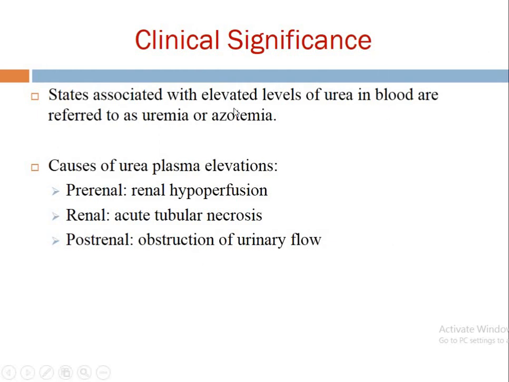Now, states which are associated with elevated levels of urea in blood are referred to as uremia or azotemia. These states can be there in certain disorders. So what are the causes of increased plasma urea? These causes can be divided into pre-renal, renal, or post-renal causes.